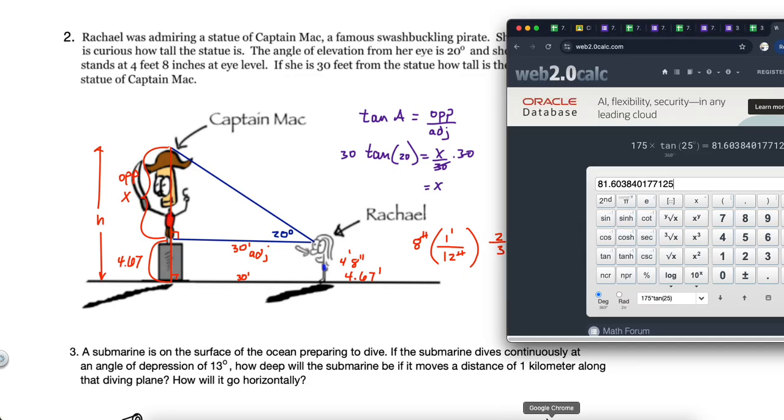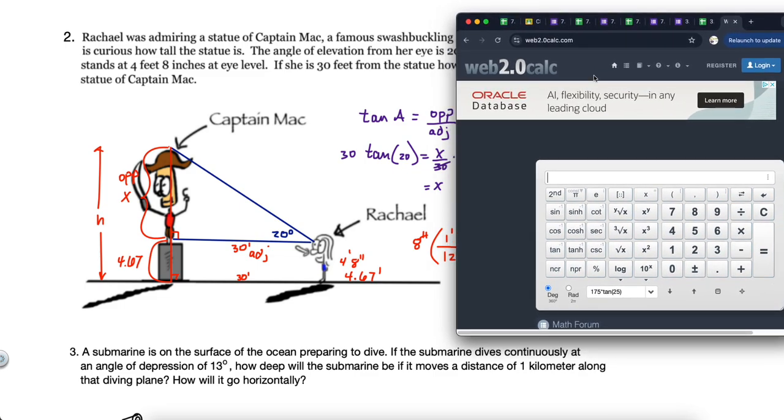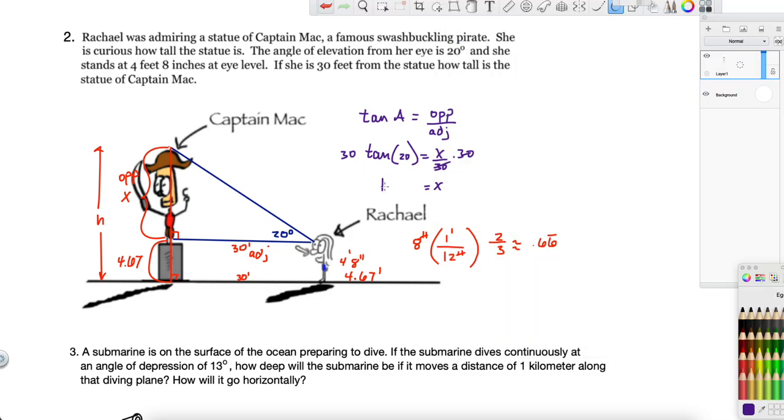Go to our calculator. 30 times tangent of 20, 10.92, 10.9 feet.